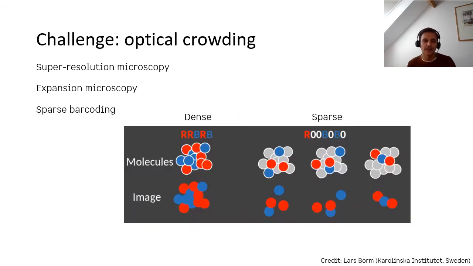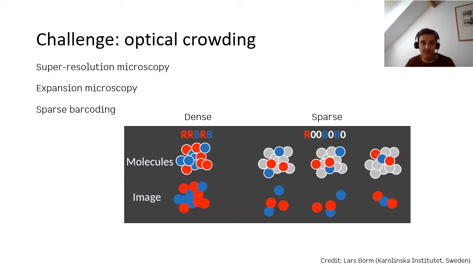A very elegant way of approaching higher multiplexing capacity while still dealing with optical crowding is how you design your barcodes. In the earlier examples, I gave you an example of dense barcodes, where in each imaging cycle you have a fluorescent signal for each transcript.